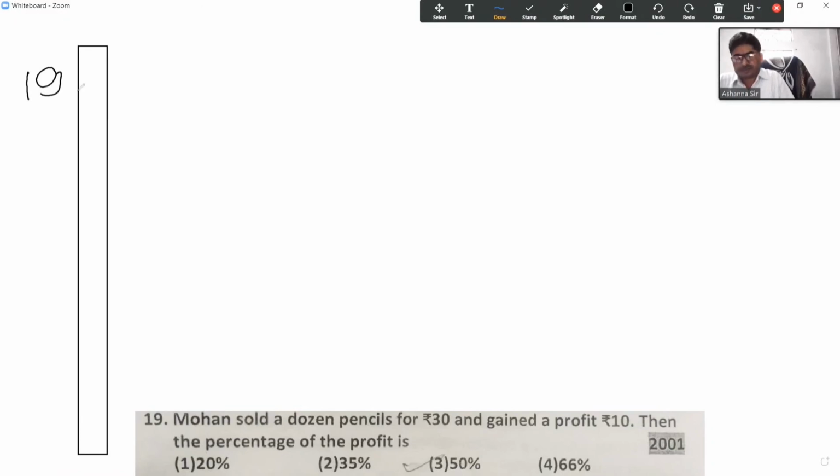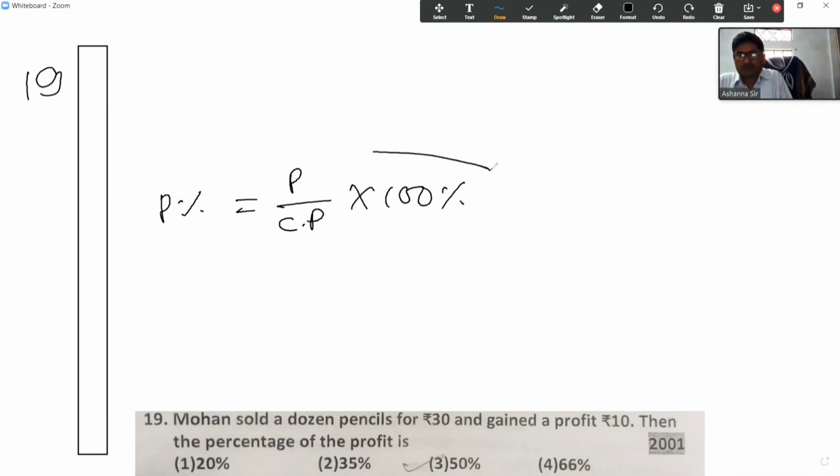Then the percentage of the profit is? Question number 19. So we have to find cost price. Why should we find cost price? To find profit percentage, we have the formula profit by cost price into 100 percentage. To find profit percentage, we need cost price.